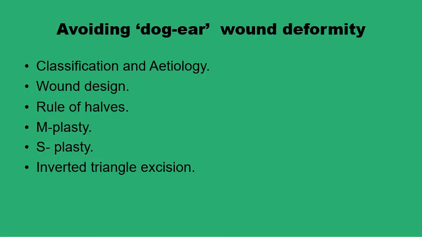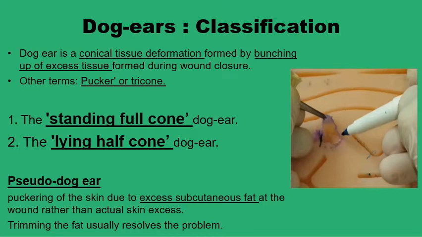We'll go through the causes of dog ear formation and how to classify it, a better way of designing the wound, application of the rule of halves while suturing the wound edges, and techniques to spare tissue like the M-plasty or the inverted triangle excision, and other techniques for better orientation with the local anatomy like in the S-plasty.